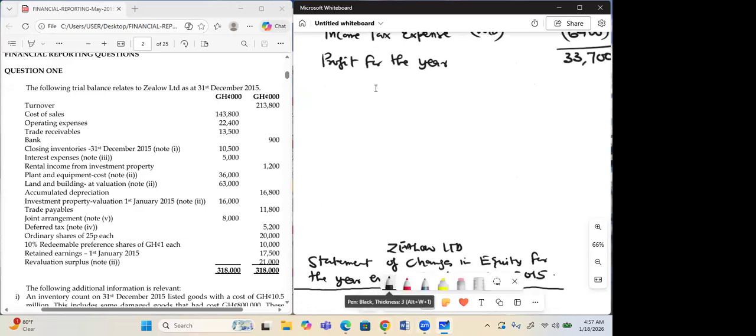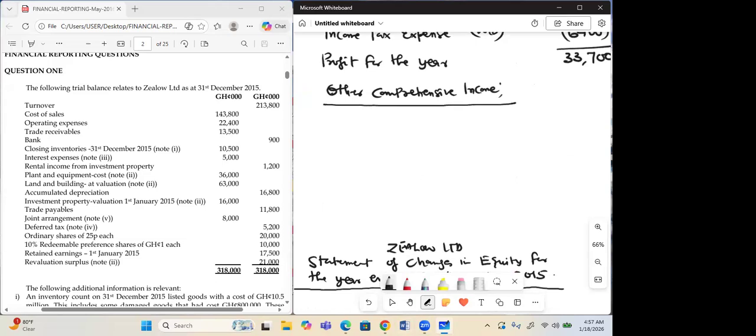Now, when we did the building, when they revalued it, they said there was a gain, right? Yes. So go to other comprehensive income. The revaluation gain, creating a revaluation surplus of 21 million, right?